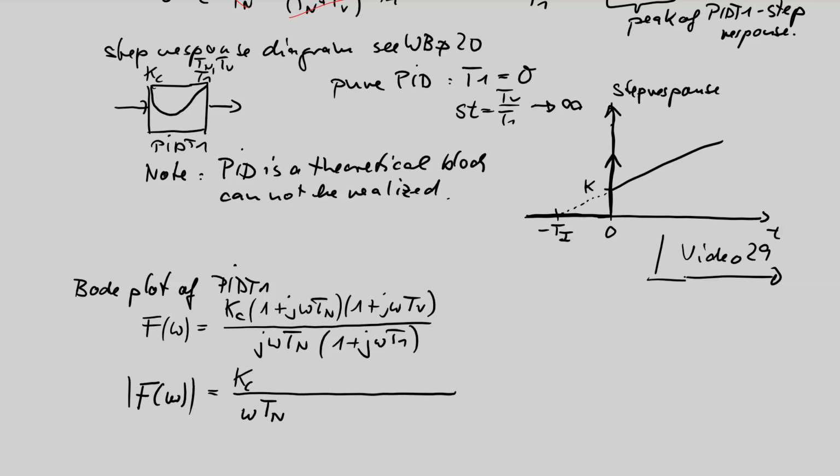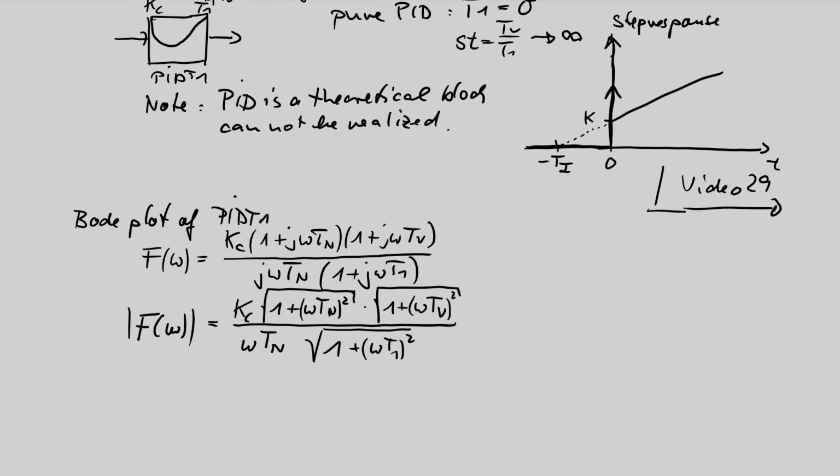We have to use the Pythagoras equation 3 times: square root of 1 plus omega Tn squared, multiplied with square root of 1 plus omega Tv squared, and in the denominator finally square root of 1 plus omega T1 squared.